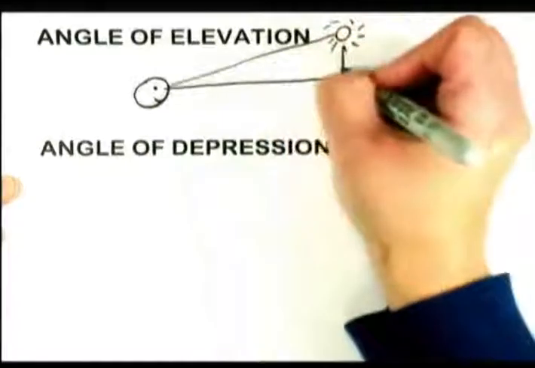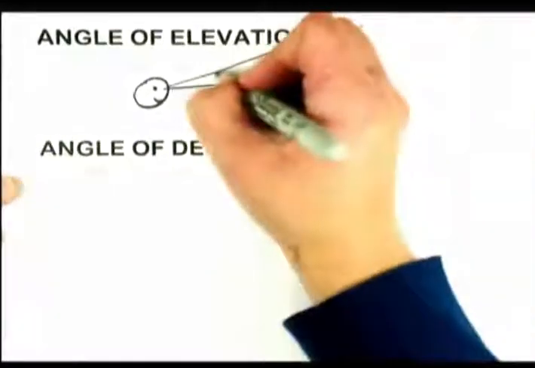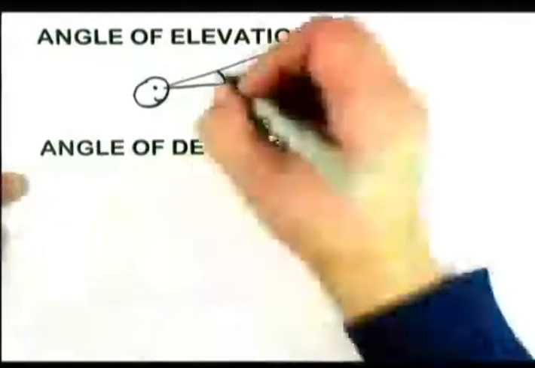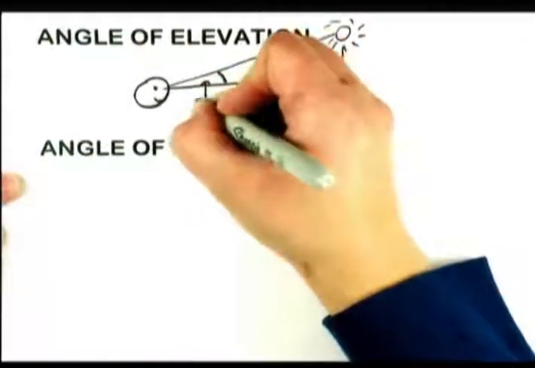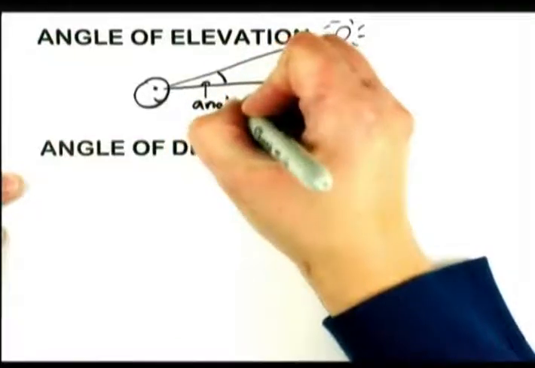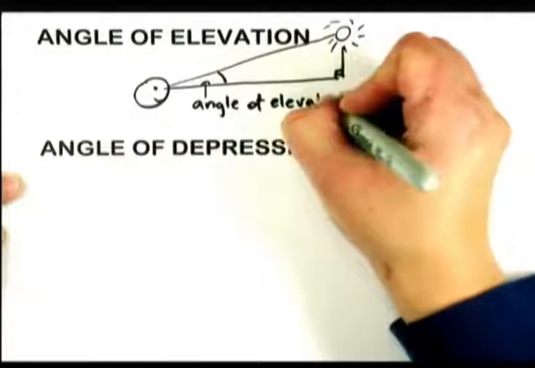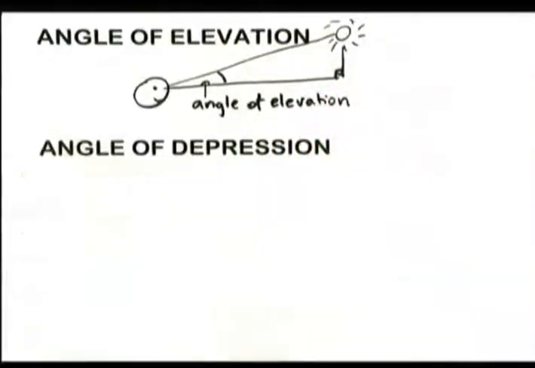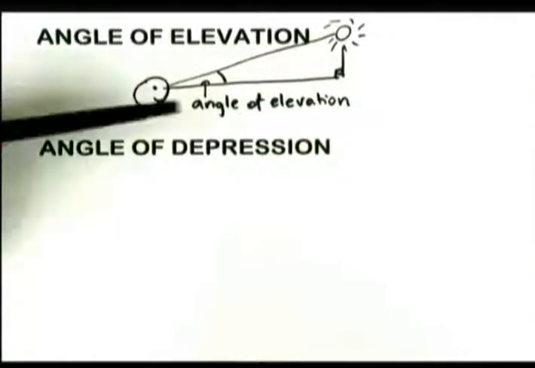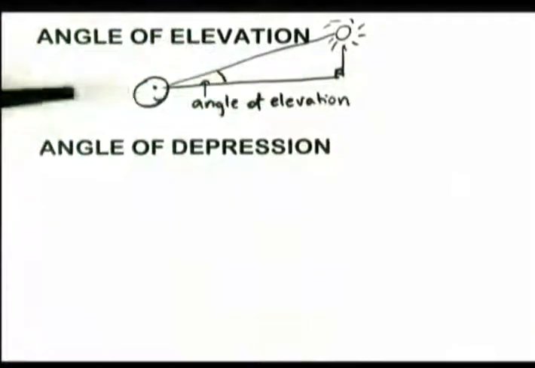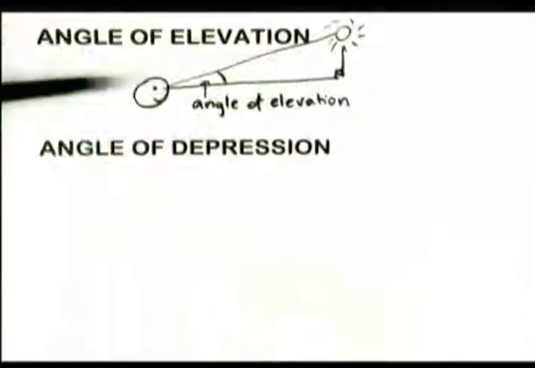So this is a right angle right here. This angle is called the angle of elevation. Angle of elevation is the angle going upwards from the horizontal line. This is the horizon that we see.